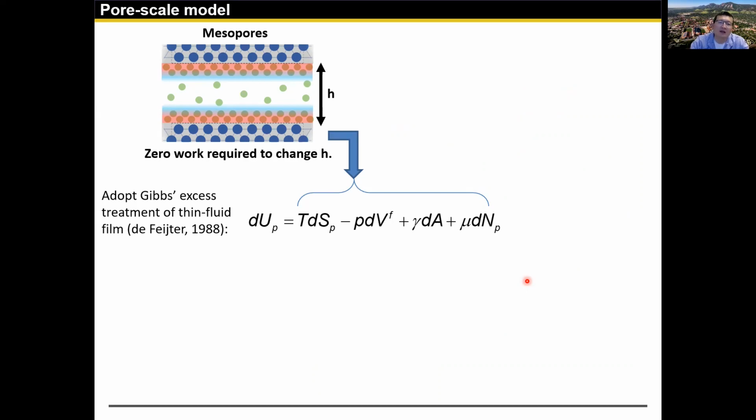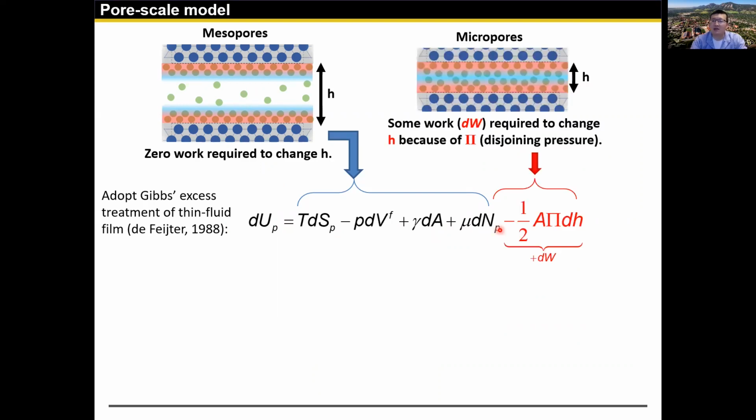To quantitatively study this assumption, we need to build models. First, we can write down the internal energy of the pore fluid in this way, thanks to the Gibbs excess treatment of the fluid inside this pore. You can find this expression in many surface science books. But for micropores, due to the overlapping, additional work must be supplied to change the pore size.